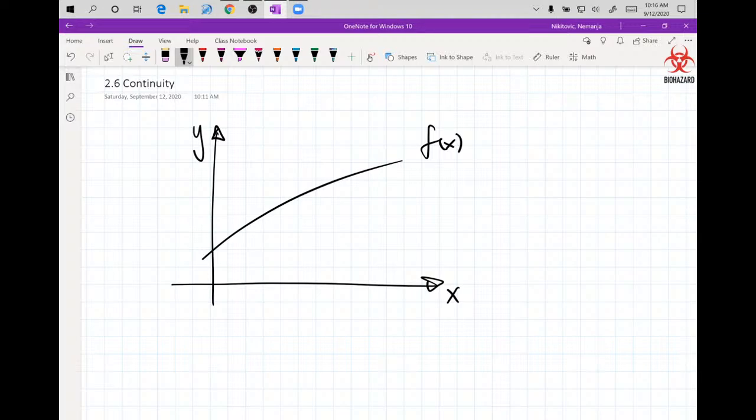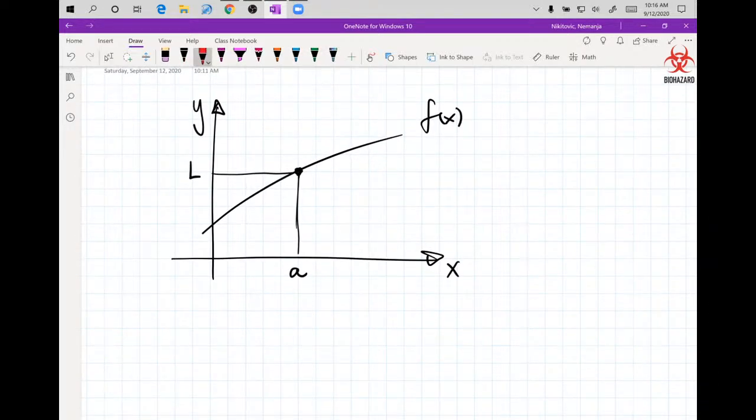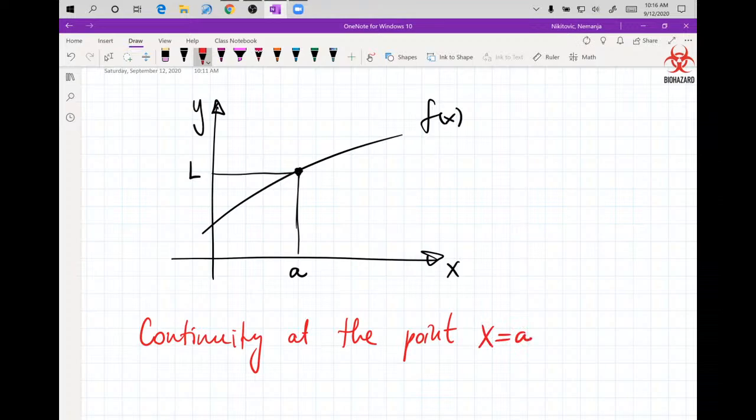Now, what I want to say here, and I'm going to pick one point here. I'm going to say that we have a function at a. I'll put this to be the answer for it, which will be L, and let's see continuity at the point x equals a.